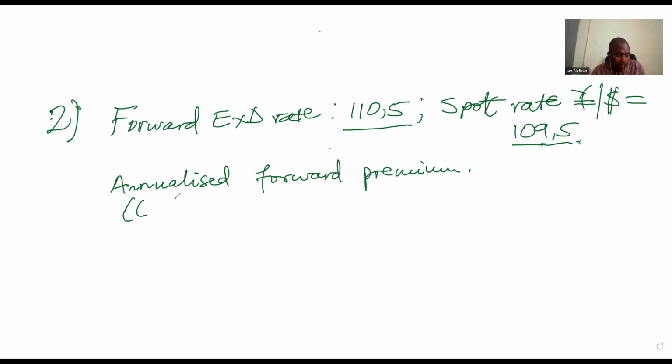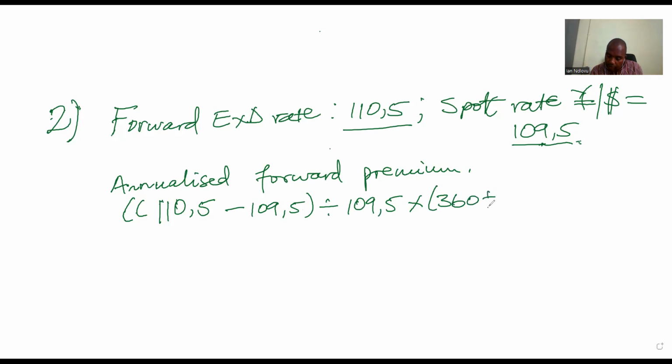Open brackets, 110.5, which is the forward rate, minus 109.5, divided by 109.5, multiplied by 360 divided by 90.